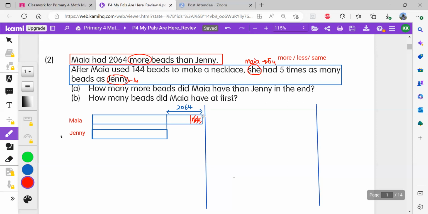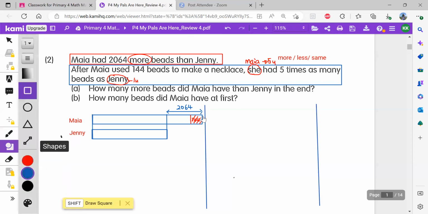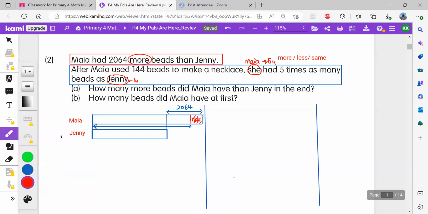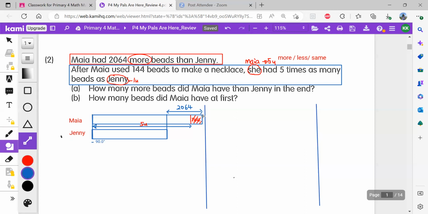Now I know my model is not accurate, but it doesn't matter because when we start to draw, we don't know. So Maya is going to have 5 units, drawn from here to here, and Jenny is going to be 1 unit.